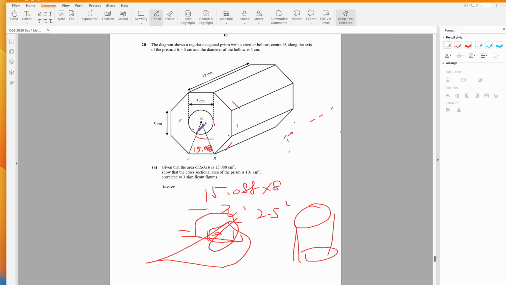By the way, this circle is in fact hollow throughout, so you don't need to care about this. The base area is actually this thing without the circle, because this is empty throughout, so you don't consider this. And by the way, it's consistent.